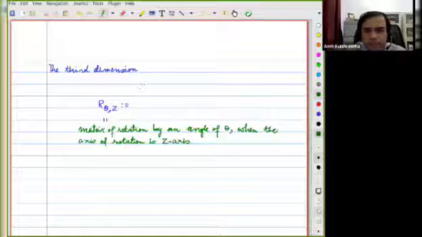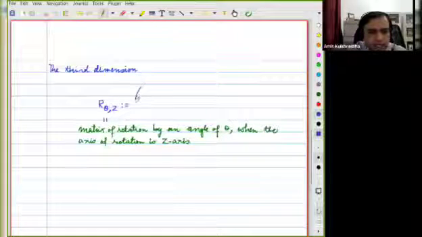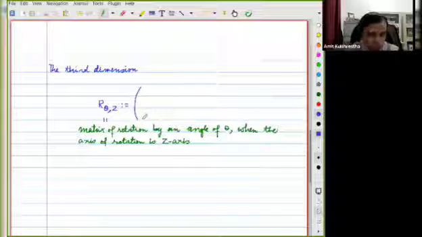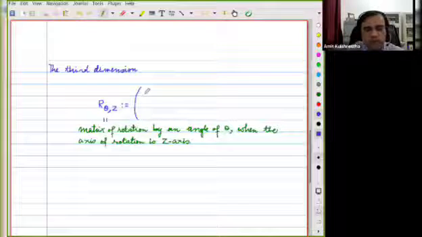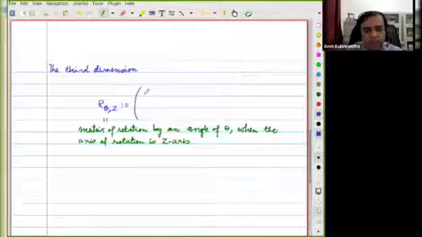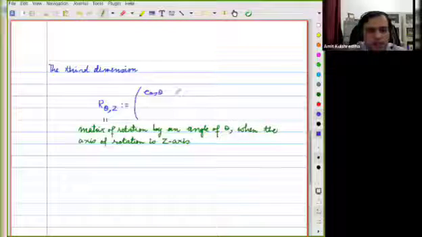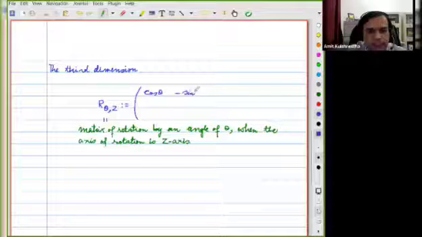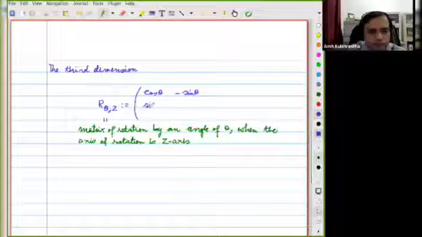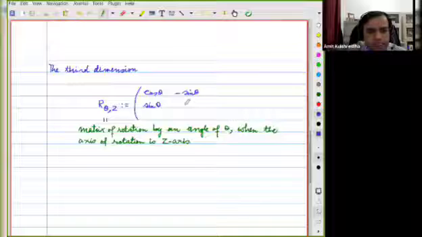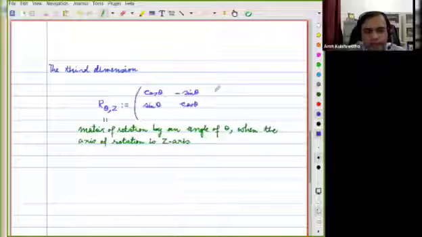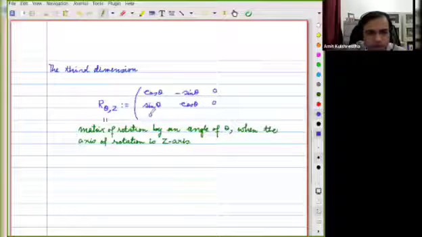I can write it, and I hope you would vouch for it. The only movement happening is in the x and y coordinates. So I put cos theta, minus sine theta, sine theta, cos theta, and the z axis is just there, but it's not contributing to the rotation.